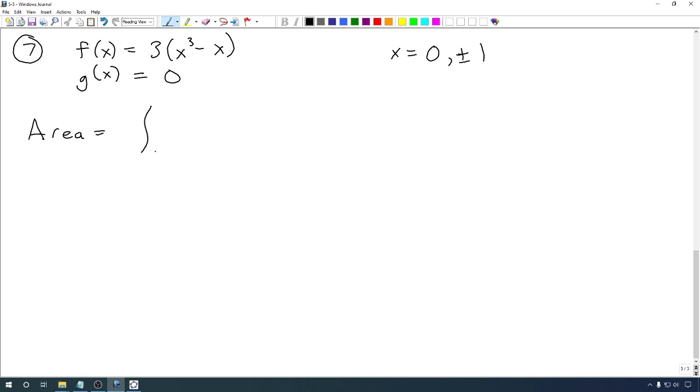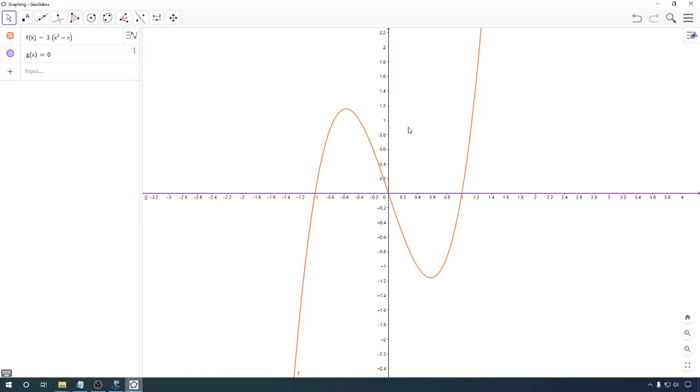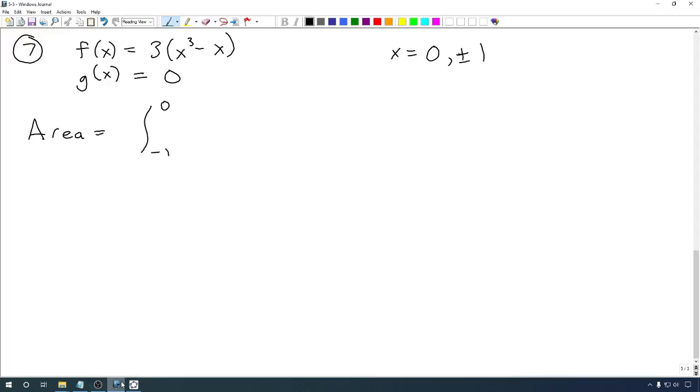The first integral is from -1 to 0. In that case, our top function was our cubic. So 3 times x cubed minus x minus 0, but I don't really need to write that one. Then we add the integral from 0 to 1.